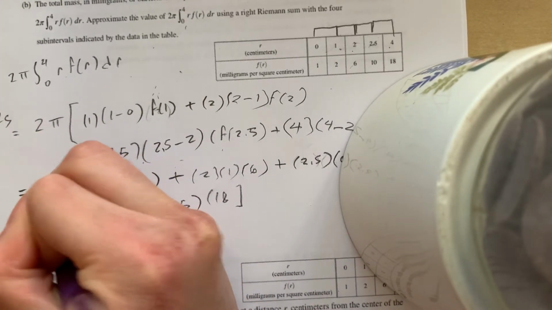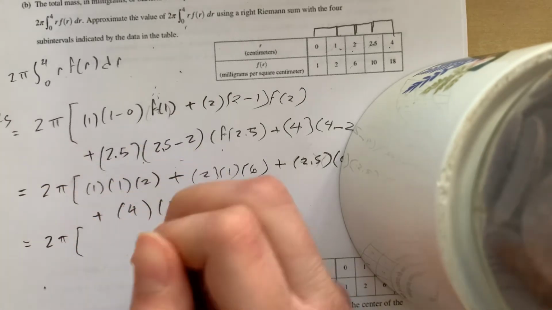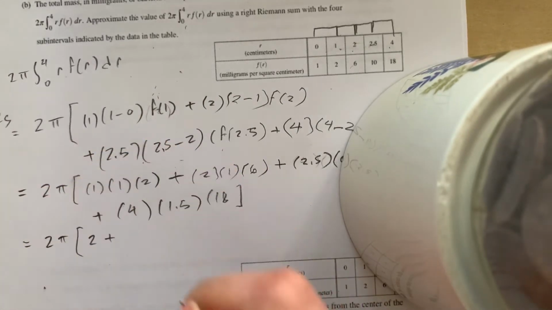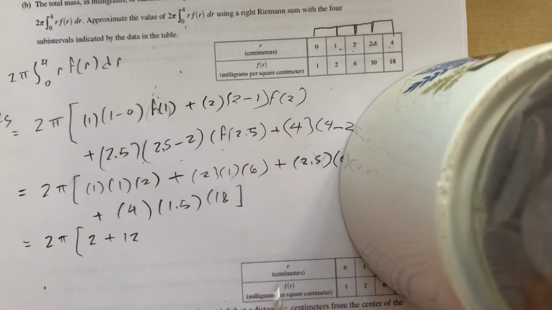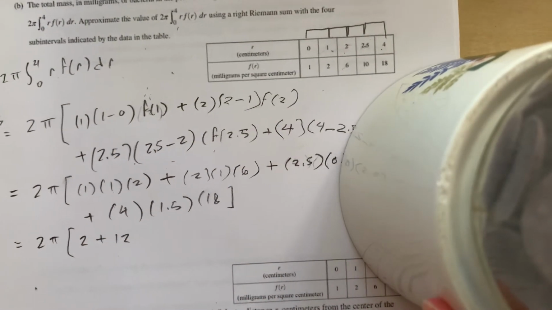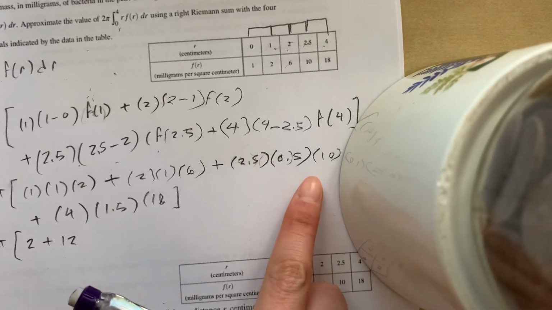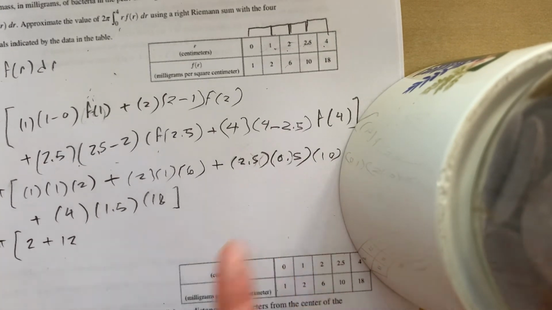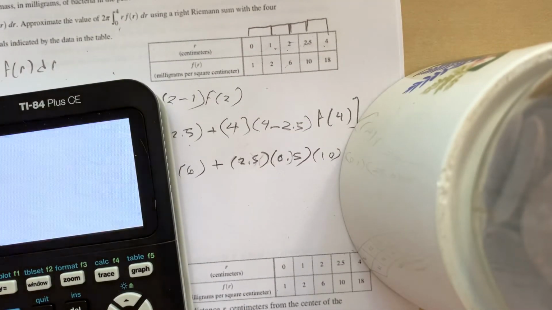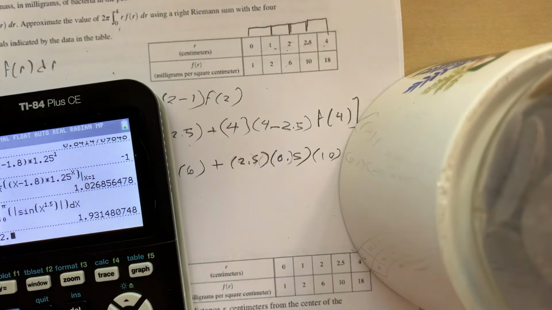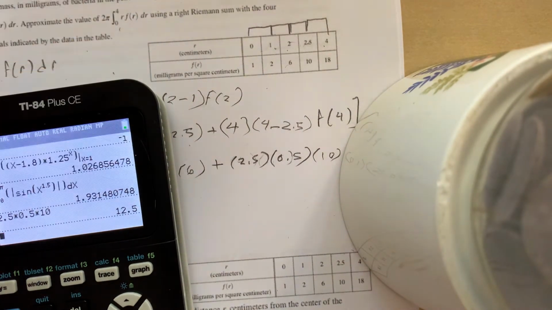Two pi, this would be 2 plus 12, and then since this is calculator, I'm going to check here. 2.5 times 0.5 times 10 is 12.5.